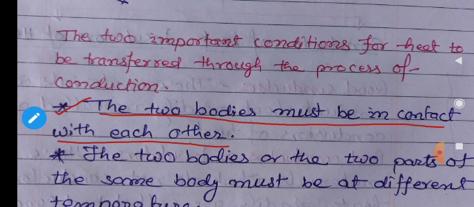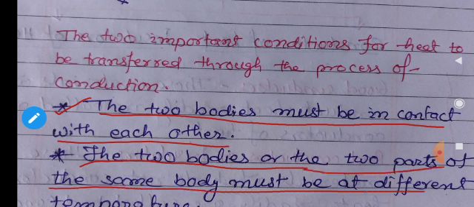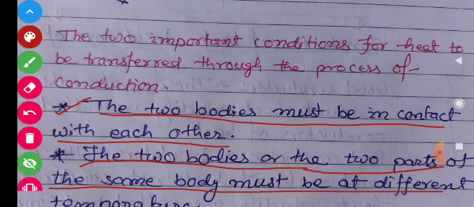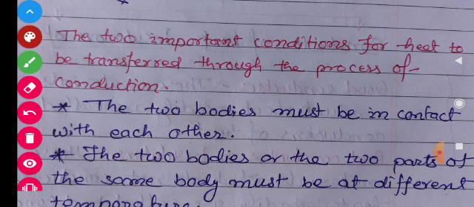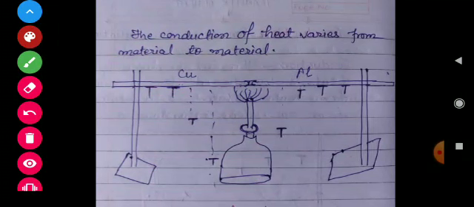Second condition is that the two bodies, or the two parts of the same body, must be at different temperatures. If there is a temperature difference, only in that case will conduction of heat take place. Transfer of heat will take place.